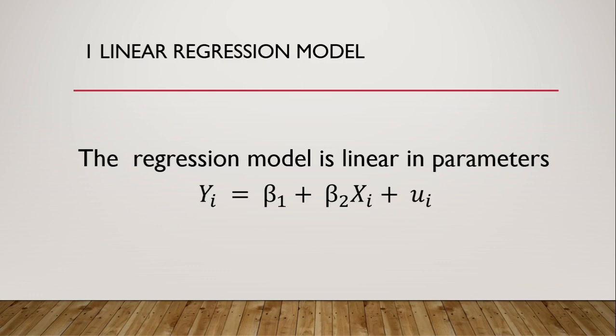Here, in this model, yi is equal to beta 1 plus beta 2 xi plus ui, the power of parameter beta 1 is 1 and the power of the next parameter beta 2 is also 1. So, this model is linear in parameters. So, this is the first assumption, linearity in parameters. The regression model is linear in parameters.